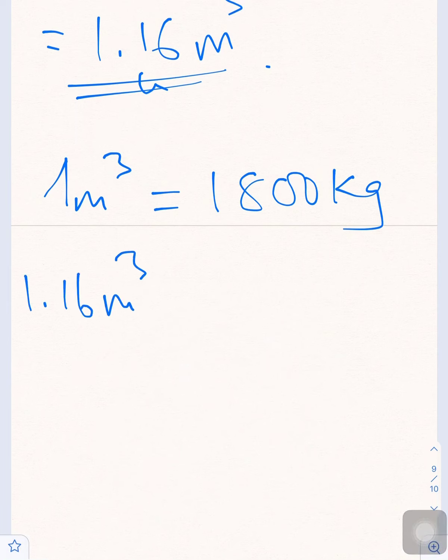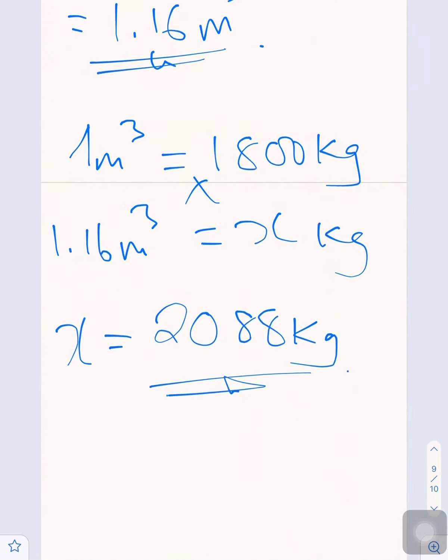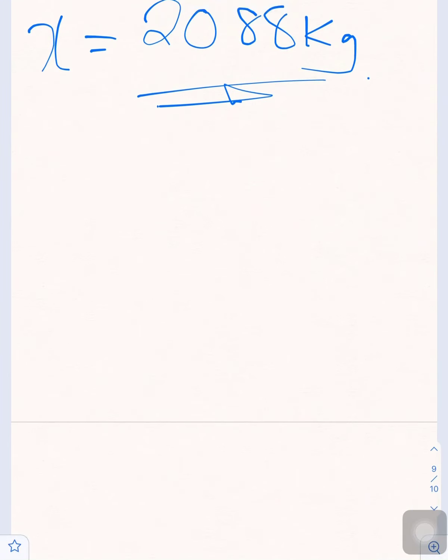And so for x kgs, we do the cross multiplication as usual, and we have 1.16 multiplied by 1800, which gives us 2088 kgs.